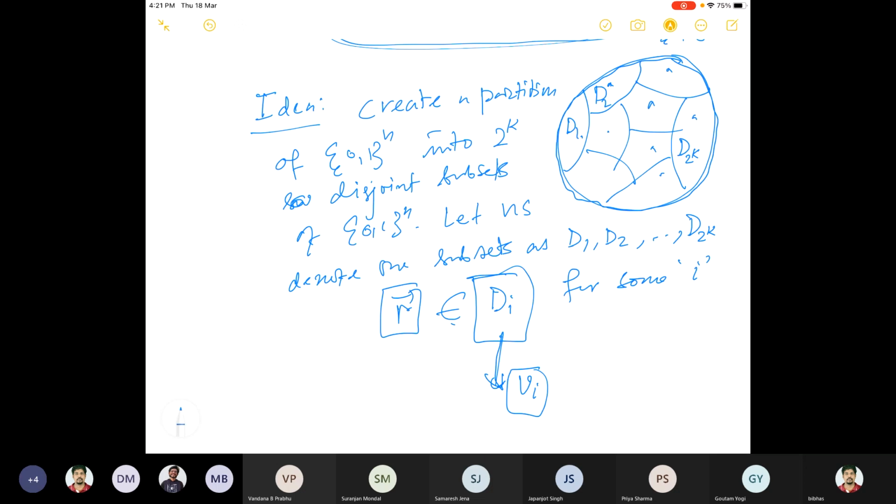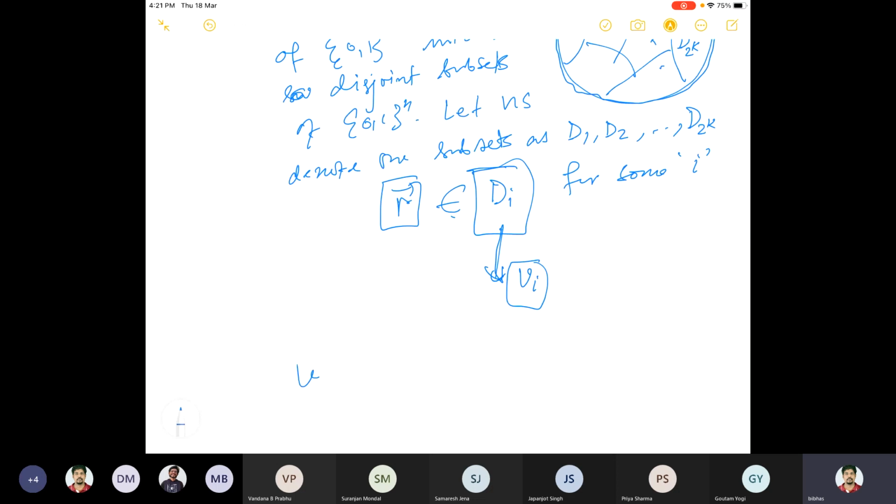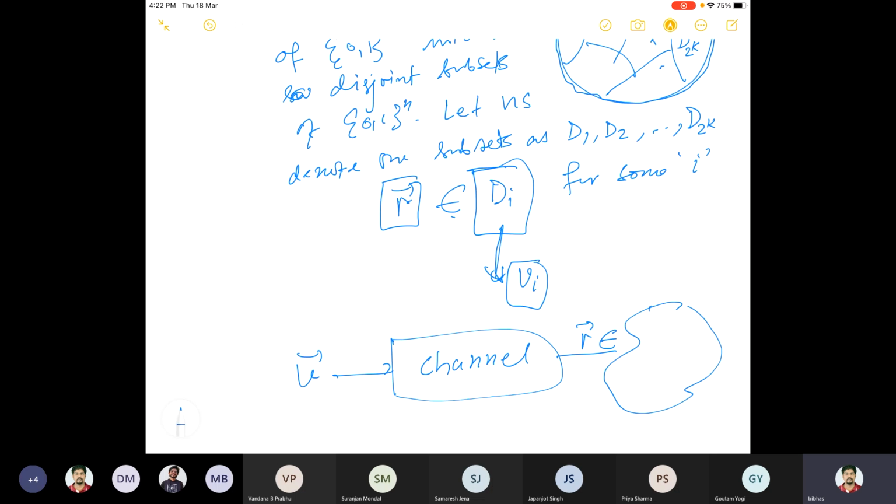You got it? So the plan here is, once v is sent through this noisy channel, whatever I receive, r, belongs to {0,1}^n. I have already partitioned this based on, let's say, v1, v2, v3, so whatever my Di's are depends on the vi's.